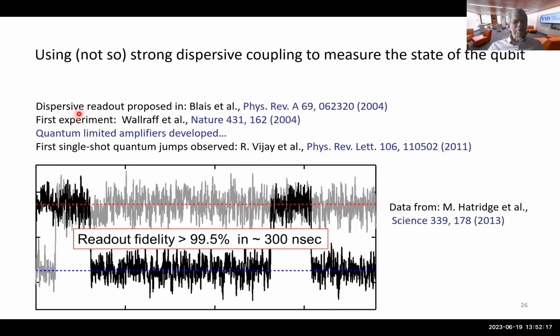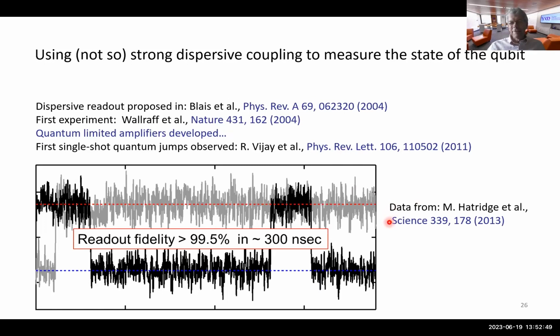The idea of dispersive readout was first proposed in this theory paper that we did in 2004. Then Rob's group did the experiment, also 2004. Then various people contributed the invention of quantum limited amplifiers. And then the Siddiqui group was able to see single quantum jumps when the qubit changed state.